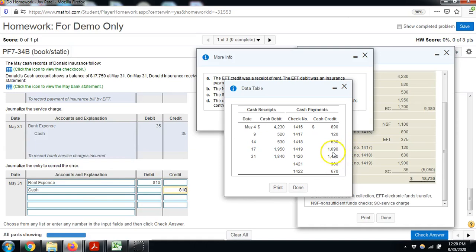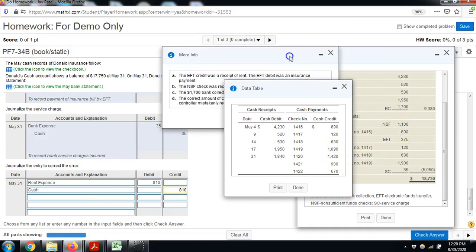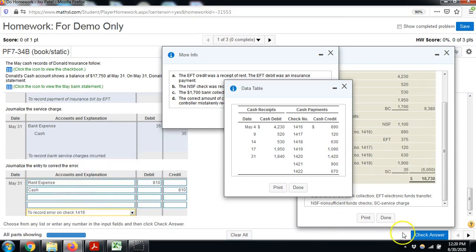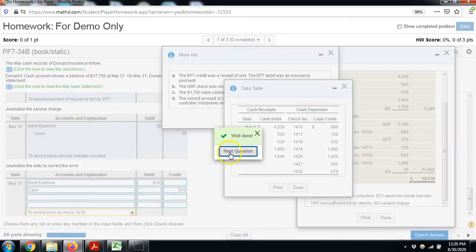Because if you look here, our book said $1,090, but really in the bank statement they took out $1,900. So that's the actual amount of cash that went out. So our book cash balance was wrong. We need to correct the book cash balance to reflect this discrepancy. Okay, and that's it.